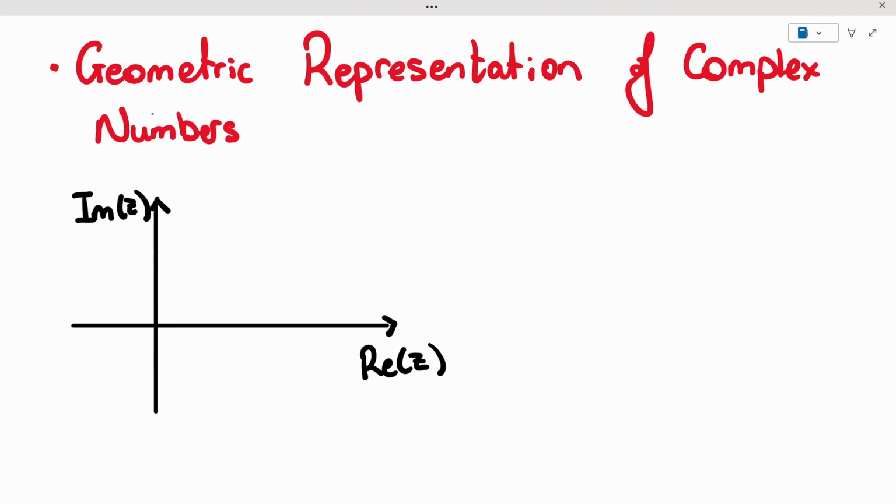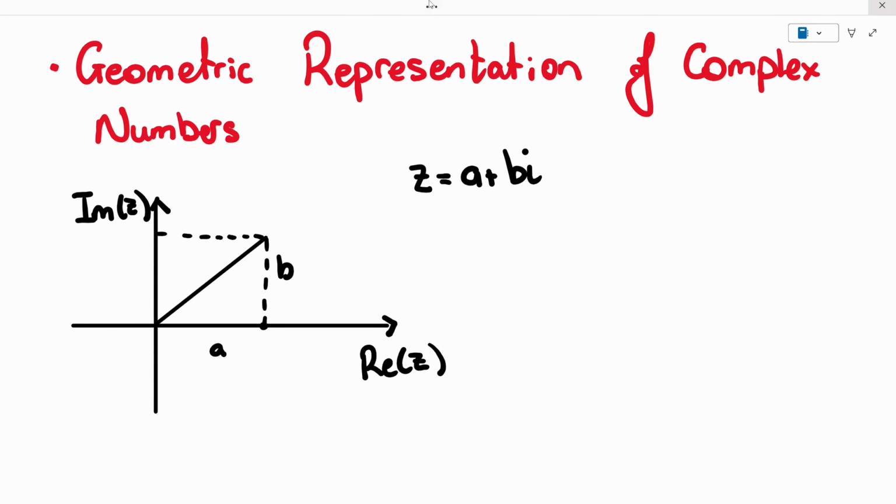Then we could write a complex number. So let's say z is equal to a plus bi. That is a units this way, and then b units this way. So we actually get something that looks like this. We went a units on the horizontal axis and b units on the vertical axis.